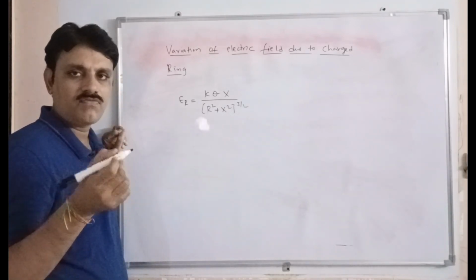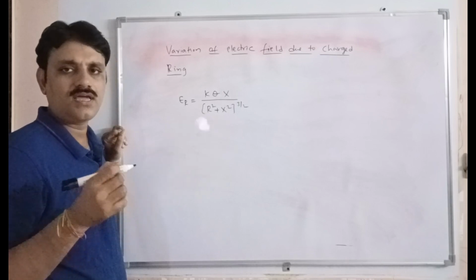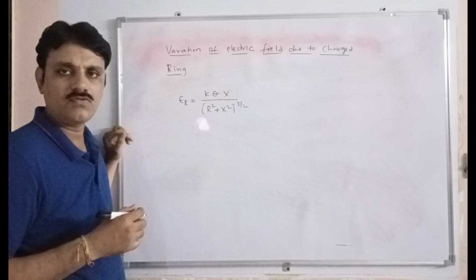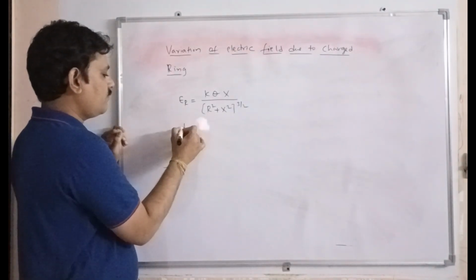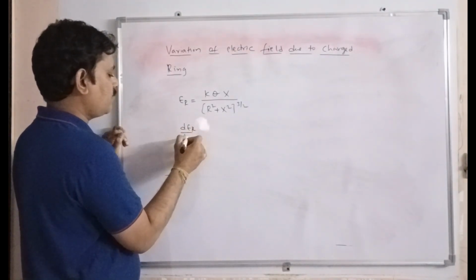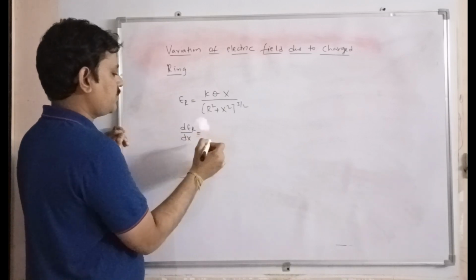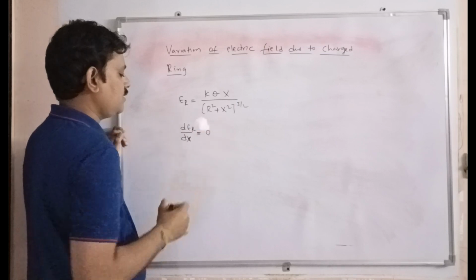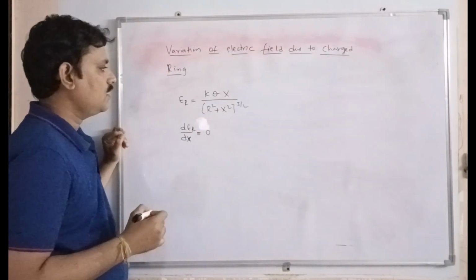So where the electric field will be maximum, if you want to calculate the maximum value, then you differentiate the factor and set it equal to 0. So differentiate dE by dx with respect to x, because we want to find the location. So dE by dx is equal to 0.